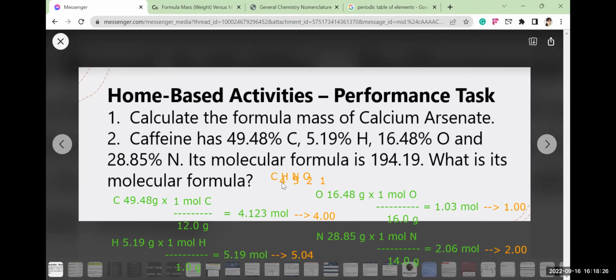So you have 4 times 12, plus 5, plus nitrogen is 14 times 2, plus oxygen is 16.